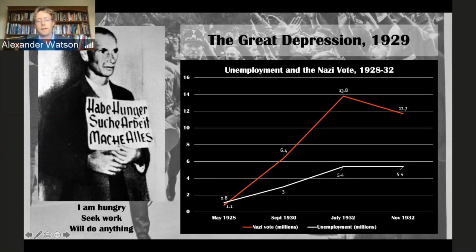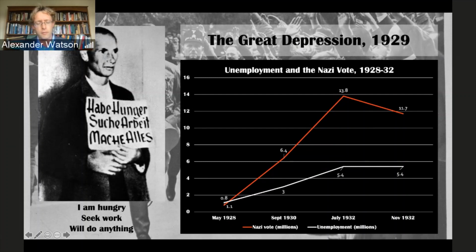But again, it's a complex relationship, and we see that if we dig down a little, because it's not the unemployed who are voting for the Nazis. If you look at electoral district data, so what's going on in the different electoral districts that made up Germany, what you find is that the more unemployed there are in any district, the lower the Nazi vote.